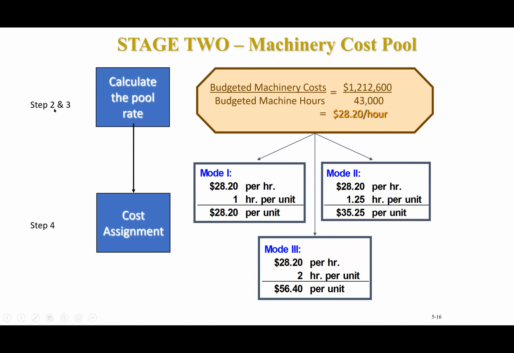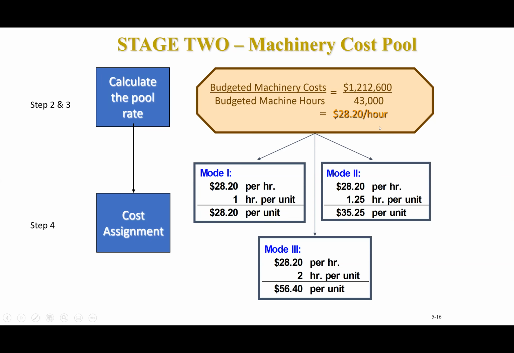So in steps 2 and 3, we identify the driver, and then we calculate the driver rate. We know that there are 43,000 machine hours overall. In order to perform those 43,000 machine hours, it costs us $1,212,600.